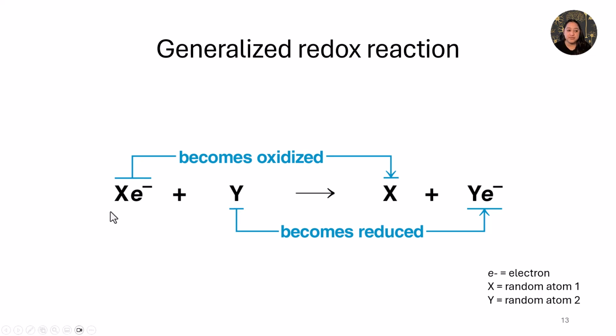So if the X atom has an electron and the Y doesn't, but the Y is electronegative and steals the electron, then the X becomes oxidized and had its electron stolen. And then the Y becomes reduced. Now it has that electron, and now it's more negatively charged. It's reduced. So this is just to show a generic redox reaction.